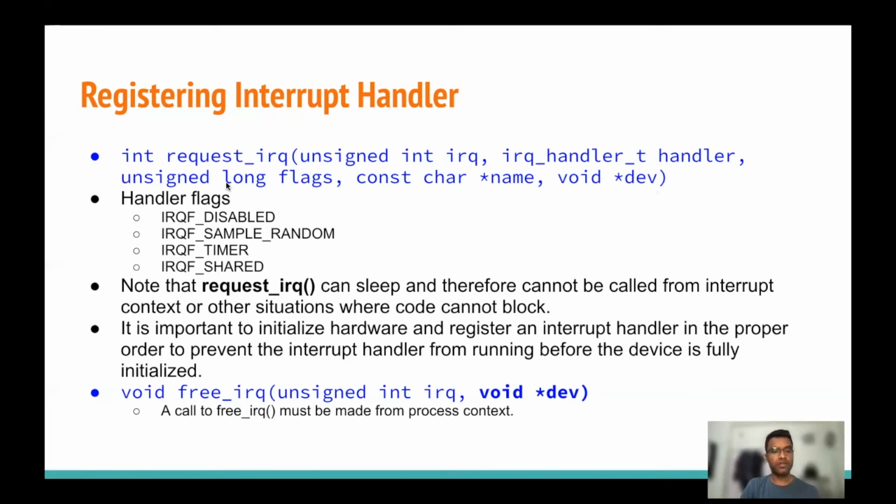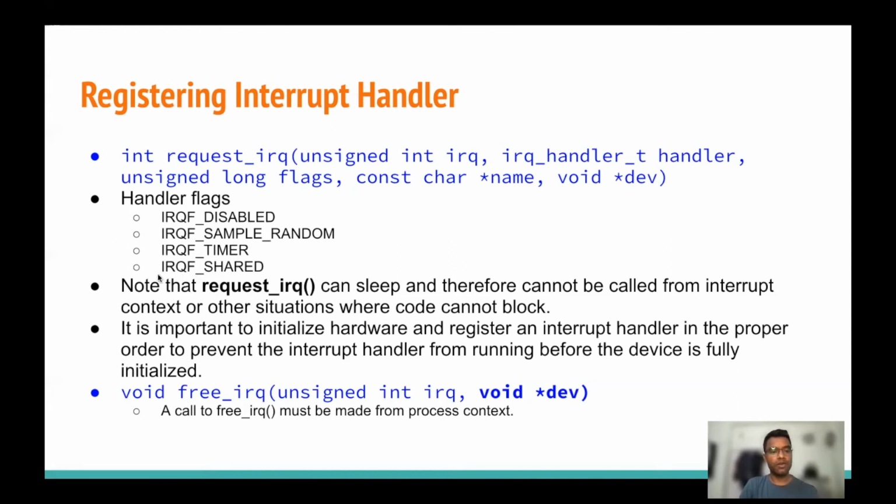So let's discuss the flags. When IRQF underscore disabled is specified in the flag field, then all the interrupts will be disabled while this interrupt is running in the processor. Similarly, when we specify this flag, it says that this interrupt is registered for processing the system timer interrupts.